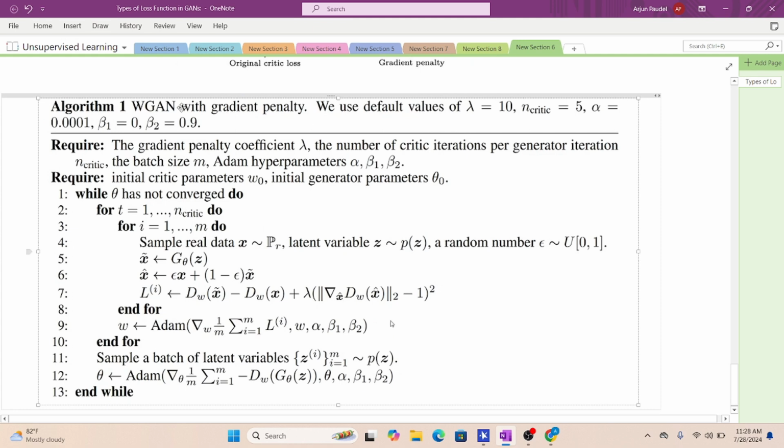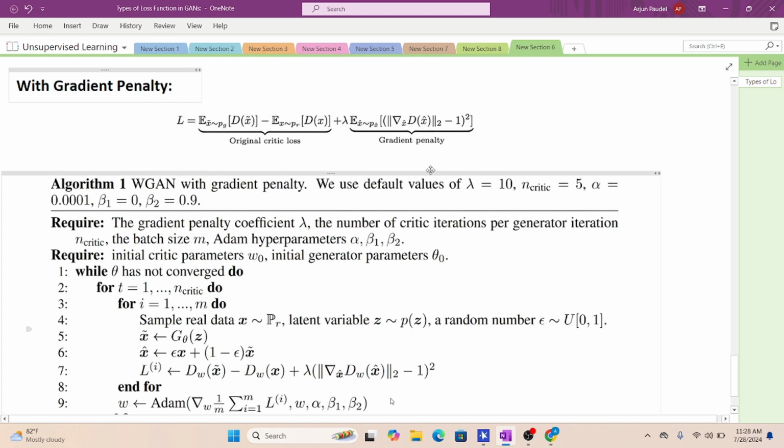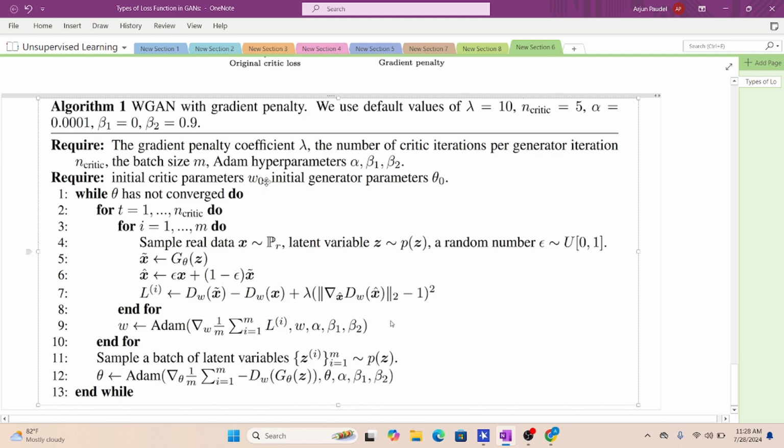Let's discuss WGAN with gradient penalty. We have the parameters: lambda is equal to 10, the gradient penalty coefficient, and n_critic is the number of critic iterations per generator iteration.